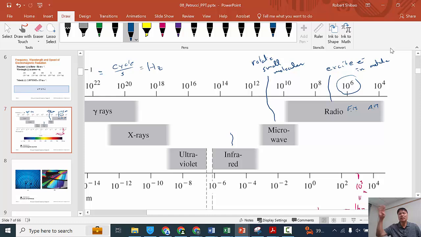Infrared is going to be oscillating faster. With infrared, we stop talking about hertz. For radio and microwaves, we typically look at hertz.